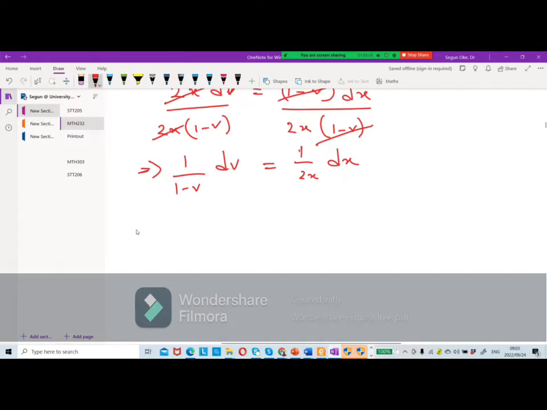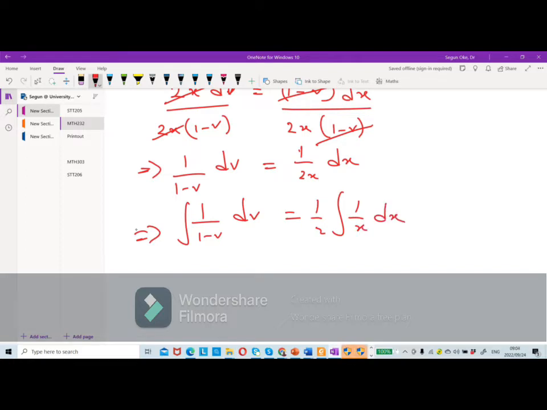So at this junction, all you need to do is just to integrate both sides. How do we integrate both sides, please? Integral of 1 all over 1 minus v dv equals 1 all over 2 integral of 1 all over x dx. Any question?